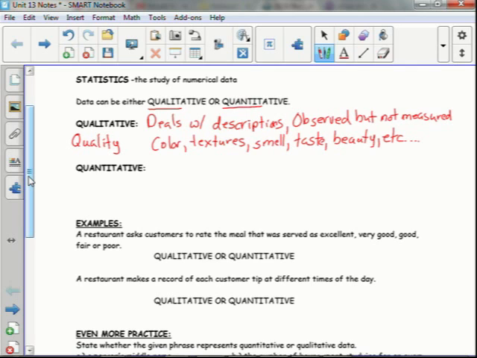Quantitative, the root word here is quantity. And when you think about a quantity, you're thinking about a value. So this deals with numbers. When we have quantitative, we're talking about numbers, and it's data which can be measured.